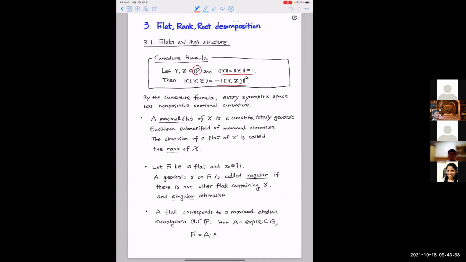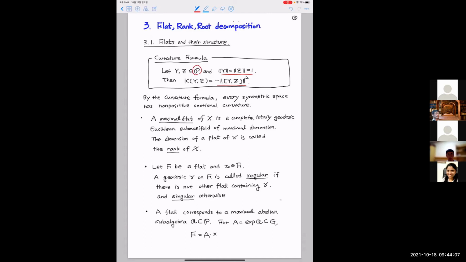Okay, so from this, we want to explore the totally geodesic submanifolds of the symmetric space with zero sectional curvature. That means Euclidean space, so some Euclidean space is isometrically embedded into the symmetric space.